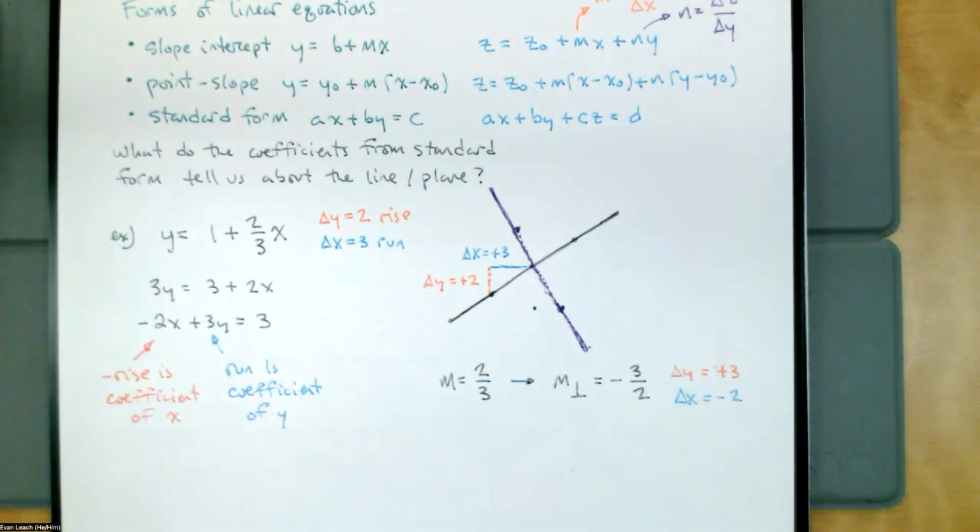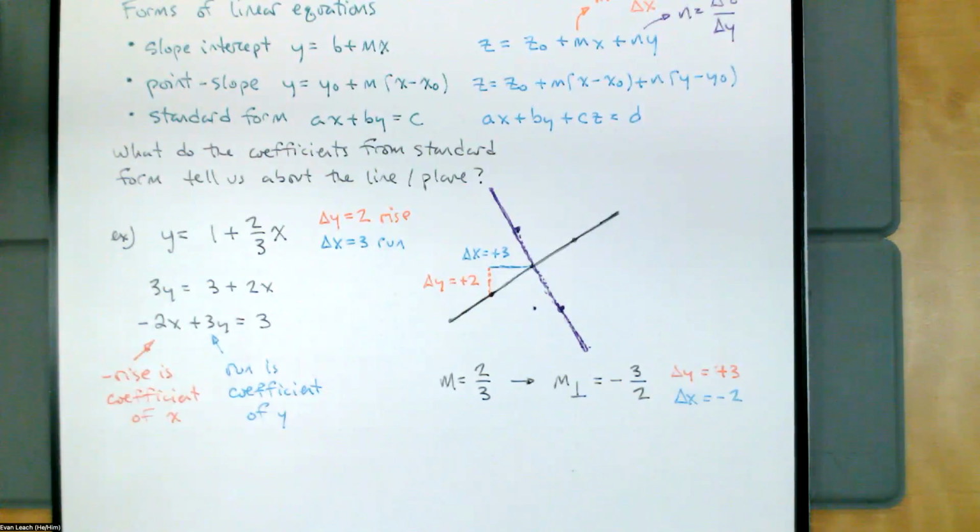What the coefficients are telling us in standard form are the directions of what's perpendicular to the line that the equation describes. We look at the -2 in the x and the 3 coefficient of y, and say this line is everything perpendicular to a rise of 3 and a run of -2.